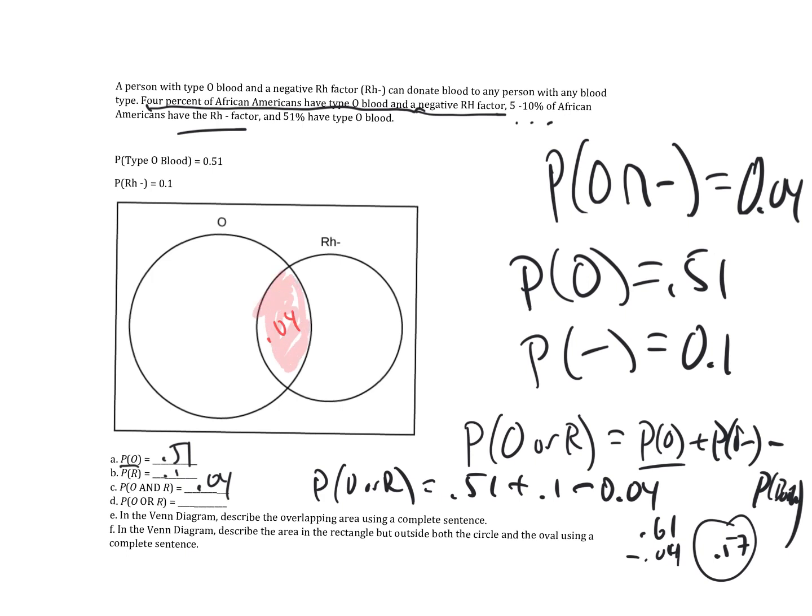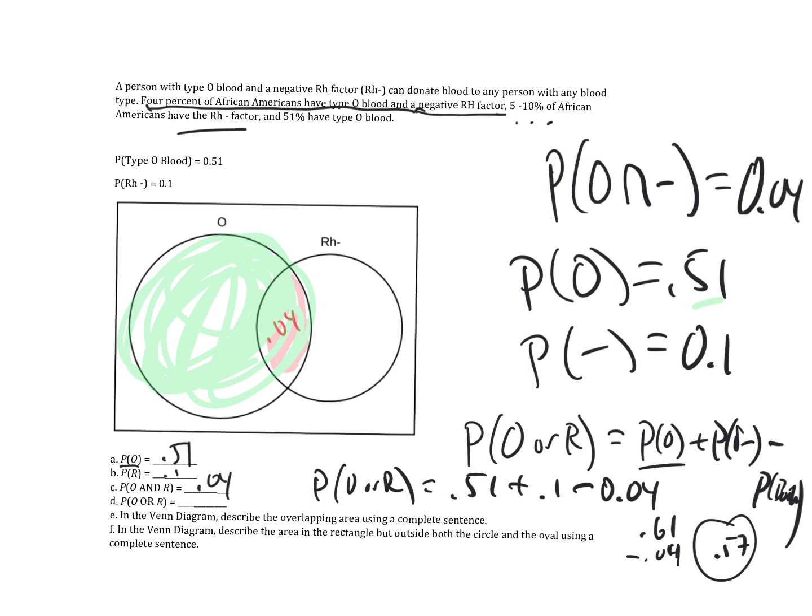So that's the 0.04. And we also know this whole full circle is the 0.51. So we don't want to count the 0.04 twice.